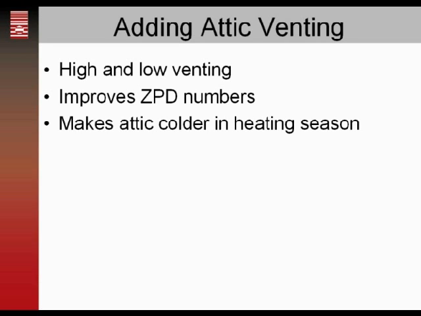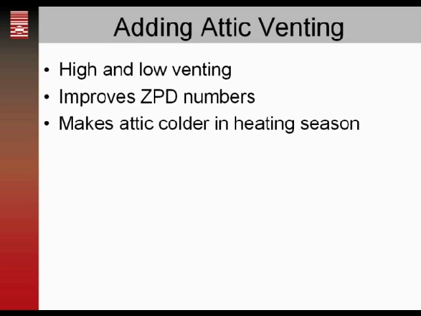And air is going to go through the path of least resistance. So rather than pulling it through small cracks and into insulation, it's going to be more apt to pull that air from the outdoors through those wide open soffit vents.